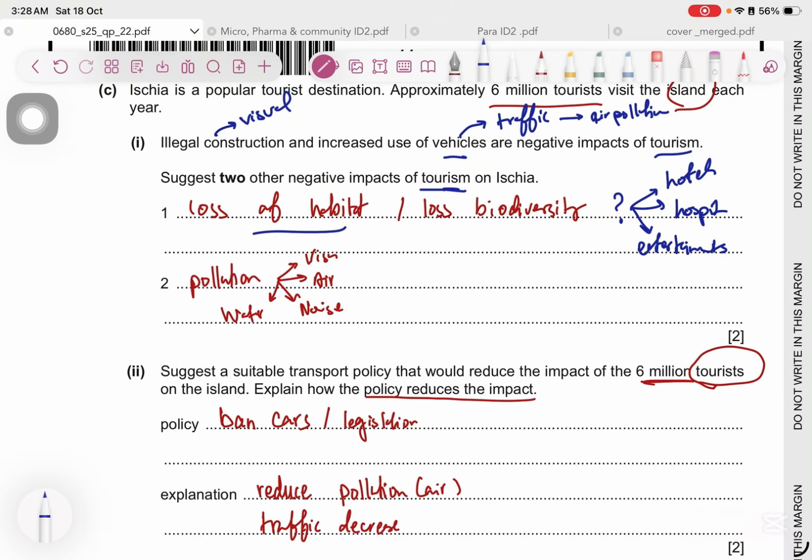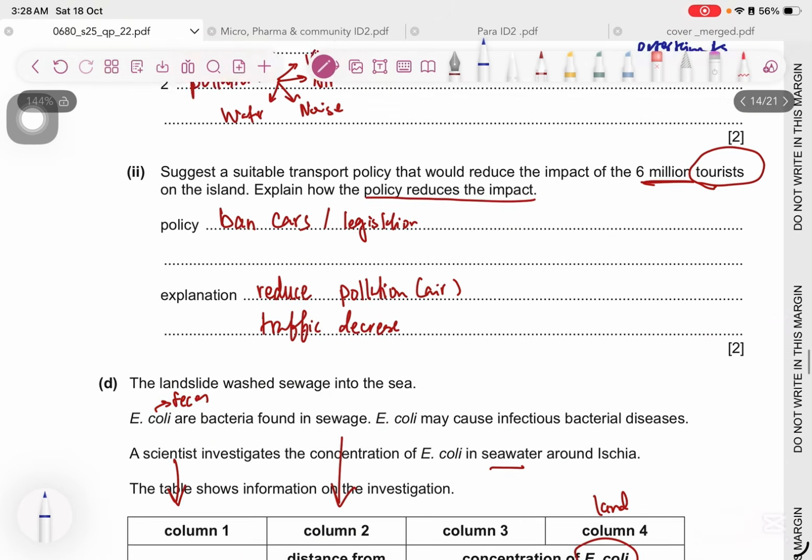Okay, so they can attract more tourists because they depend on tourism for their economy. And of course the pollution, as I mentioned. And again, I mentioned that all the types of pollution will be in 1 point, because some mark schemes count them only as 1 point and some mark schemes count them as several points, okay? But I like to stay on the safe side and just count them all as only 1 point.